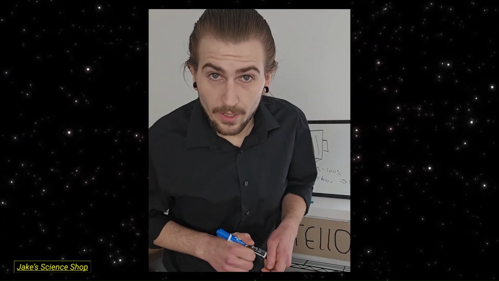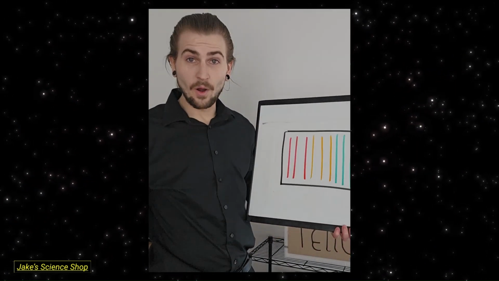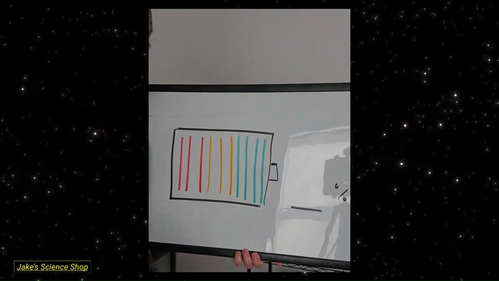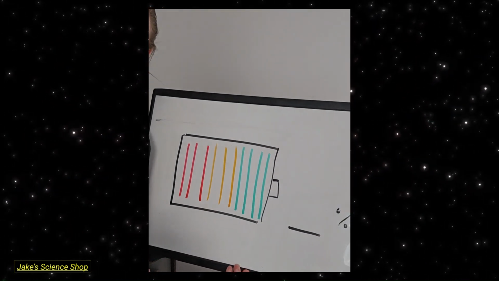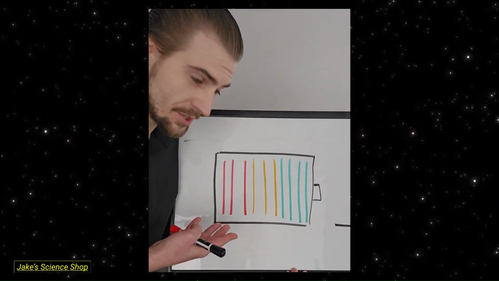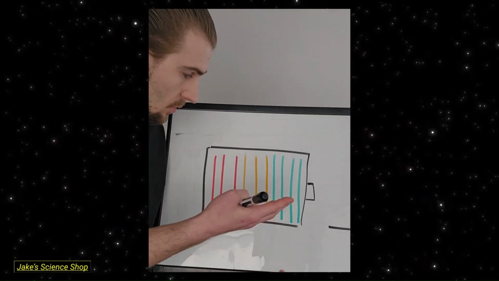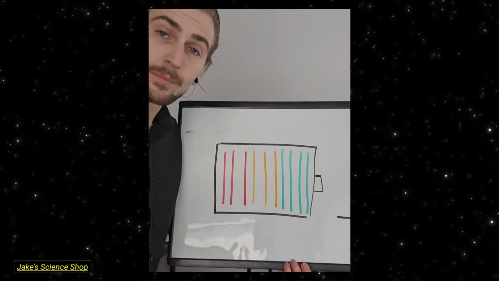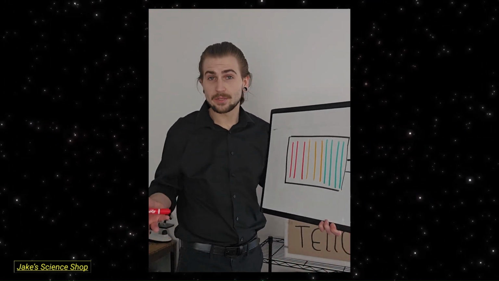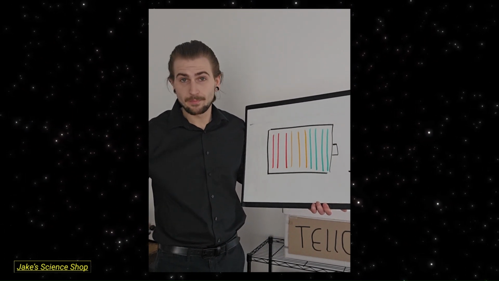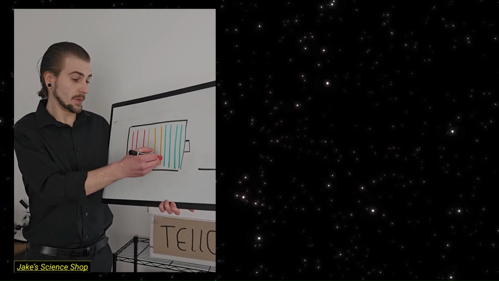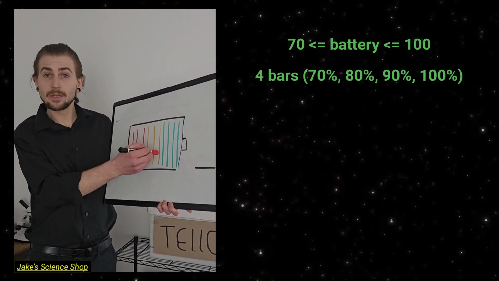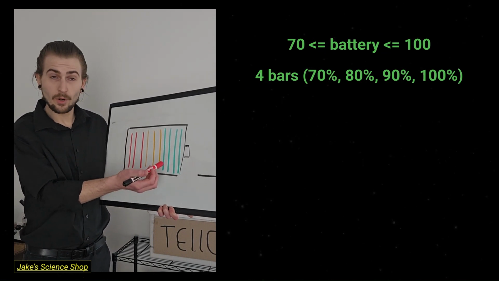Now I'm gonna step away again and draw this before we begin programming it. All right, so here is what our full battery indicator will look like. We'll have our battery shape, and within it will contain 10 bars, with each bar representing a 10th of the battery's percentage. Between 70 and 100%, we'll have green bars.